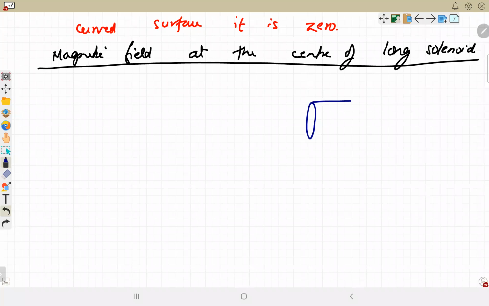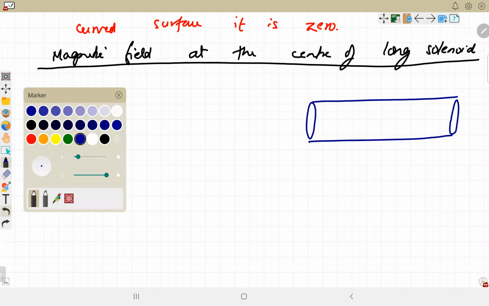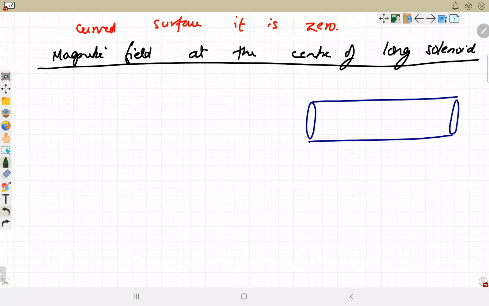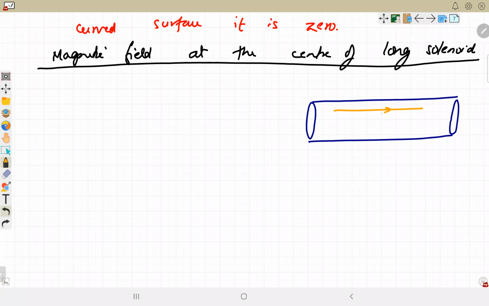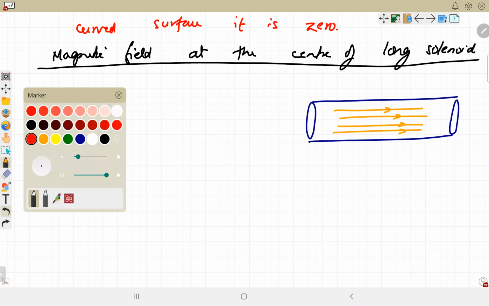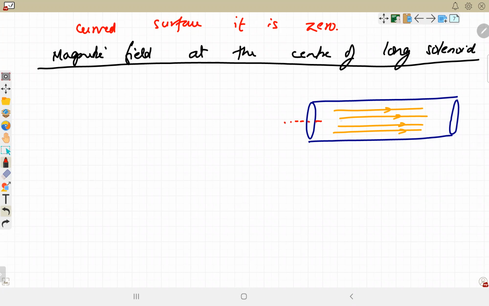Inside the long solenoid, let's remove the wire now. We got how it is coming out. There is a magnetic field line, and its shape is parallel to each other as long as we are close to the center. This is the axis of the solenoid. The current comes out of the upper wire towards us and goes into the plane at the bottom.